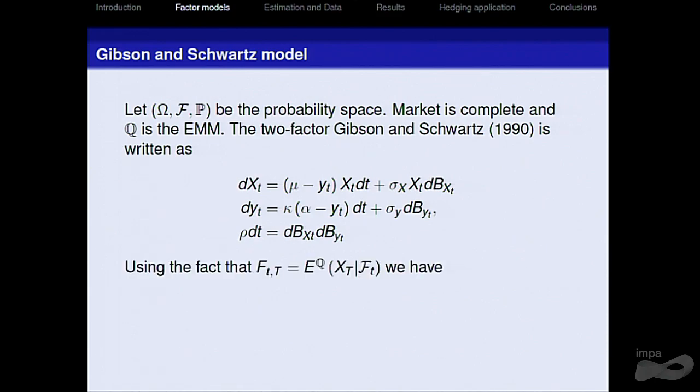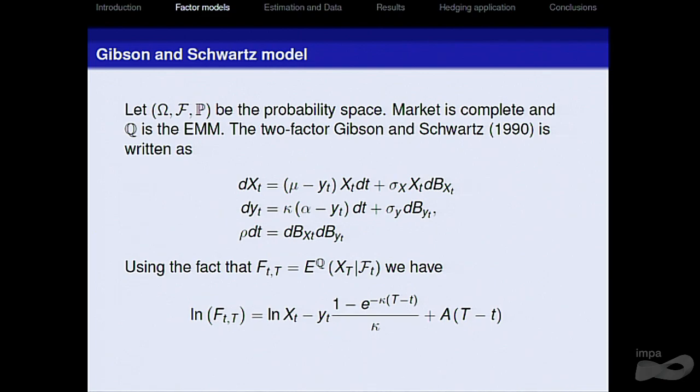Using the fact that the future is the expectation under the Q measure of the spot price at maturity, you can write the model for the future prices, which is an affine function of x and y. Then the model is calibrated using this formulation.